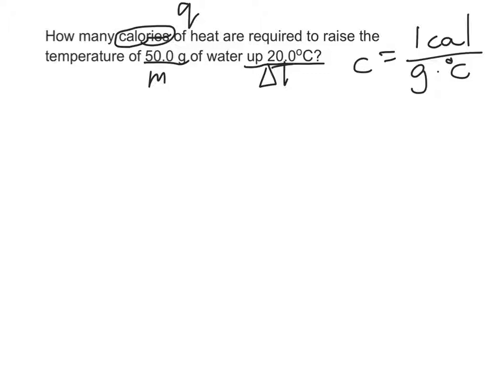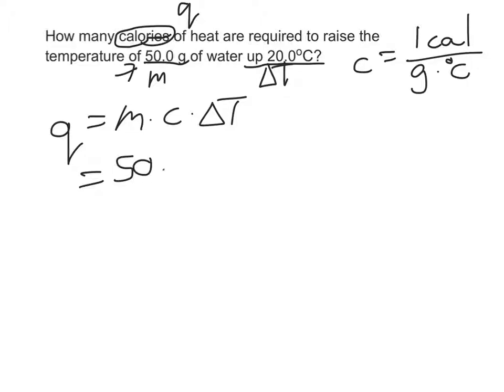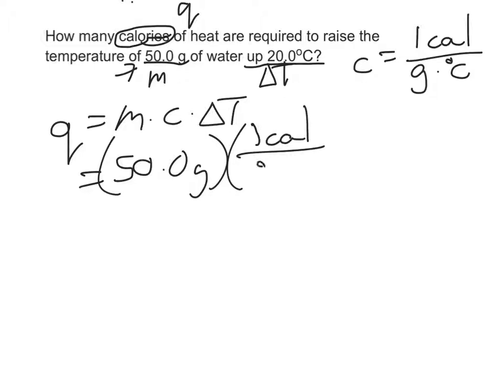So this one, we basically set up the equation like this. Q equals M times C times delta T. We plug in the M, go back to our problem here, and we have the 50 grams, which is shown there. We're going to multiply that by the C, which is the 1 calorie per gram degree Celsius.